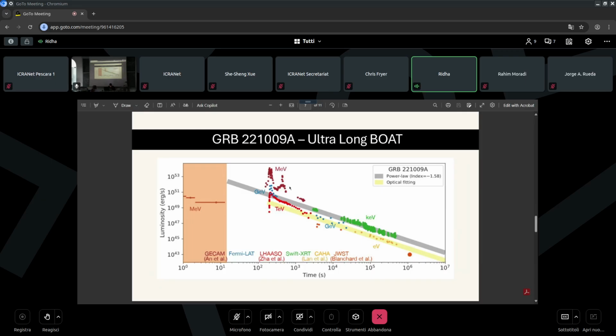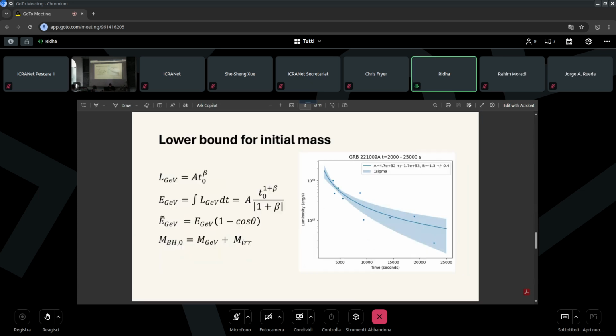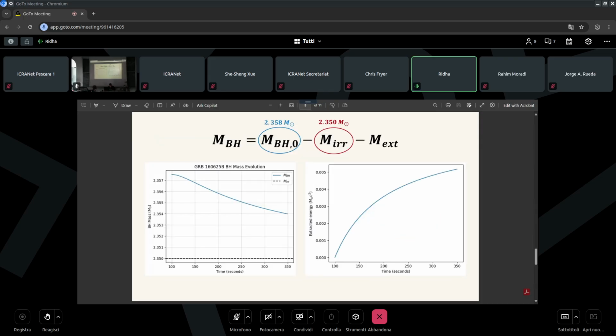But for the purpose of this presentation, I'll be focusing on the GeV emission and similar modeling to get the initial mass, which was around 2.35836 solar mass, and then the irreducible mass is again fixed by the most massive pulsar.